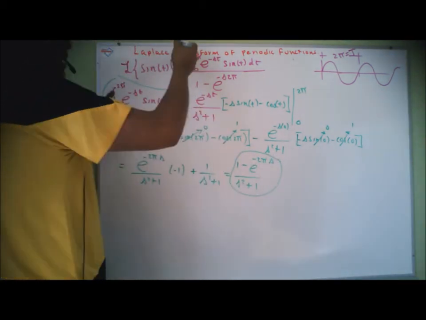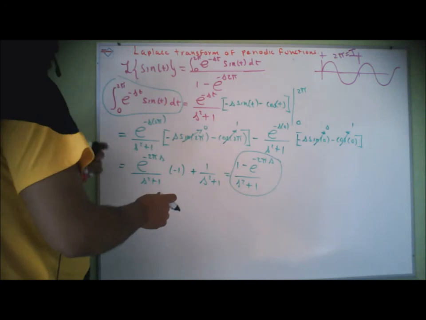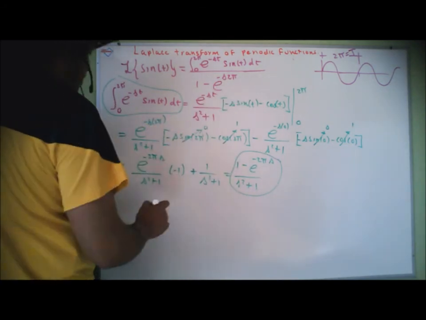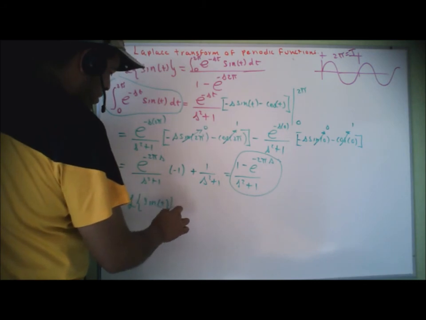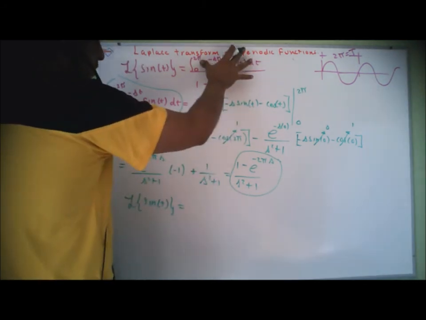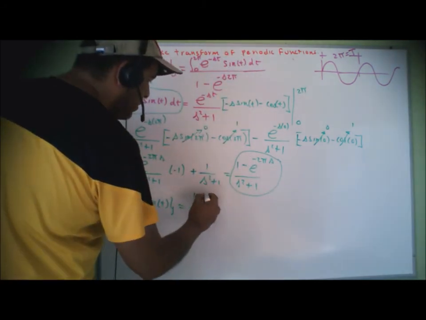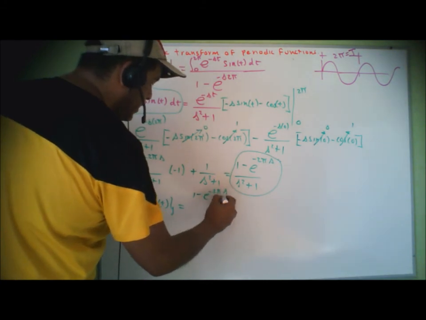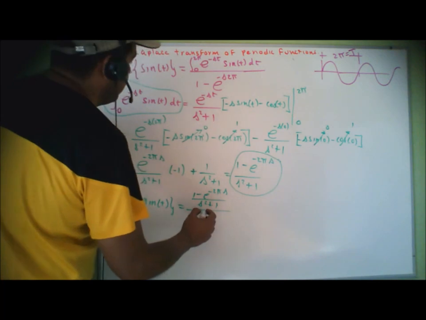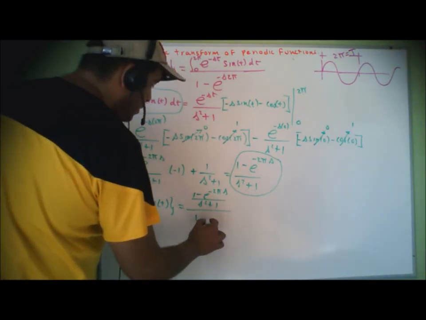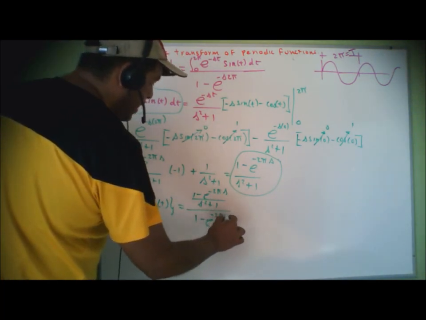Now let's plug into the formula. So the Laplace transform of the sine of t is equal to the result of the integral, 1 minus e^(-2 pi s) over s squared plus 1, divided by 1 minus e^(-2 pi s).